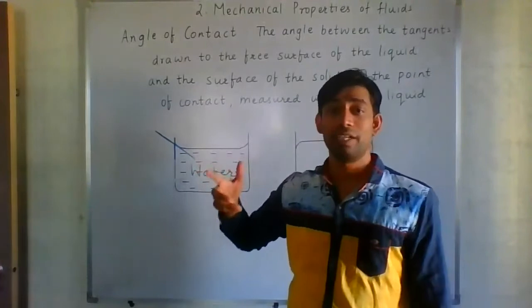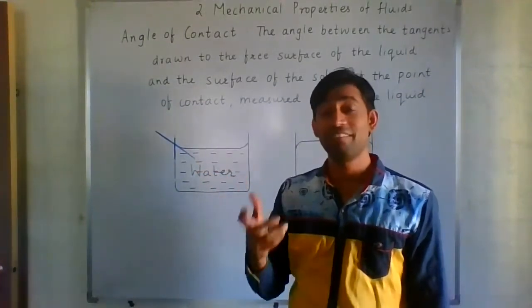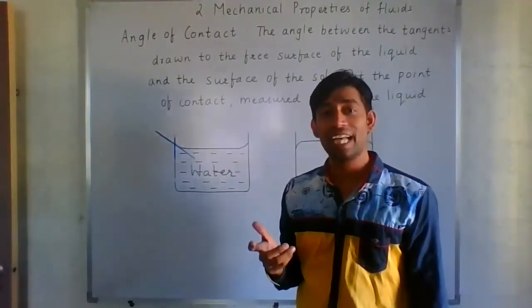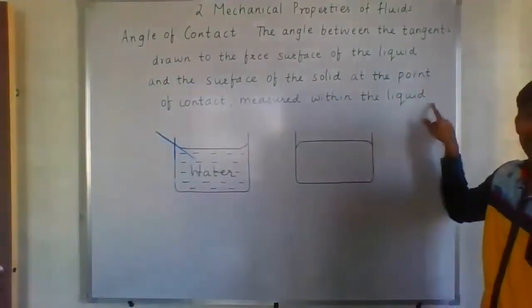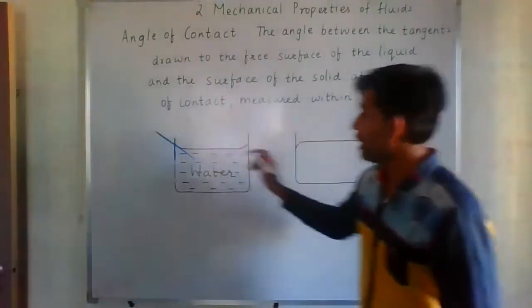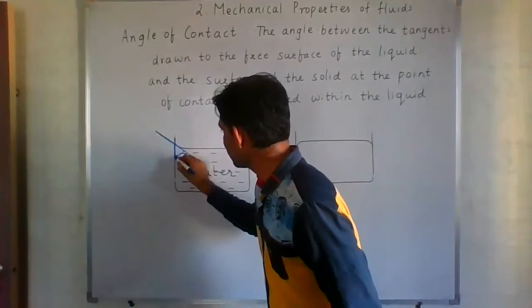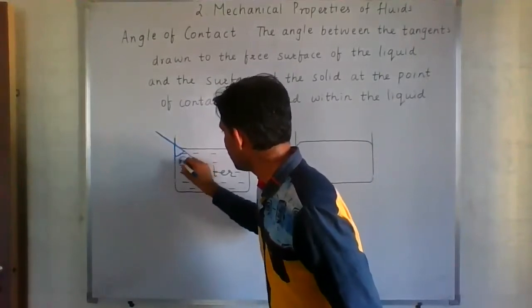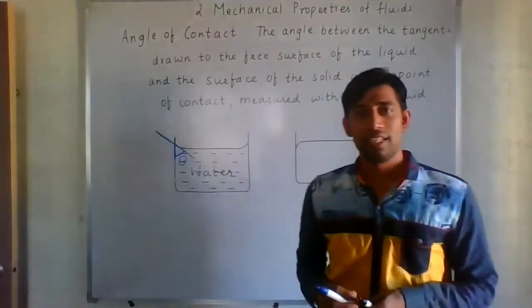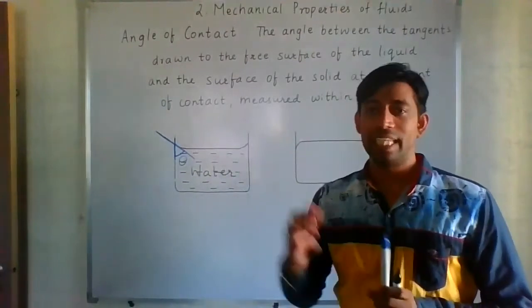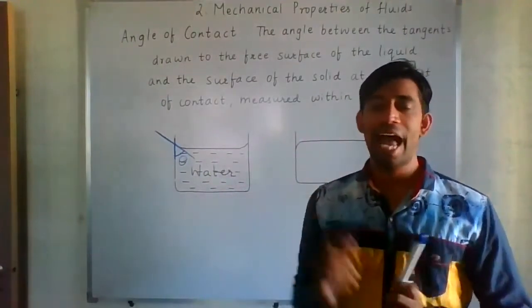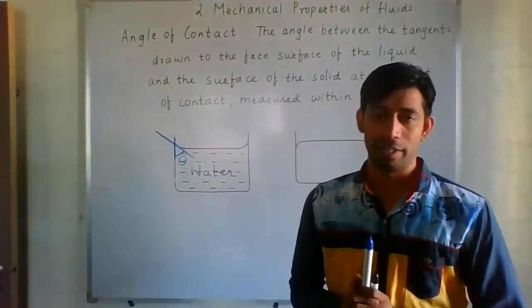So here it becomes important that we are supposed to measure the angle inside the liquid. So inside the liquid, this is that angle which will be denoted by theta.